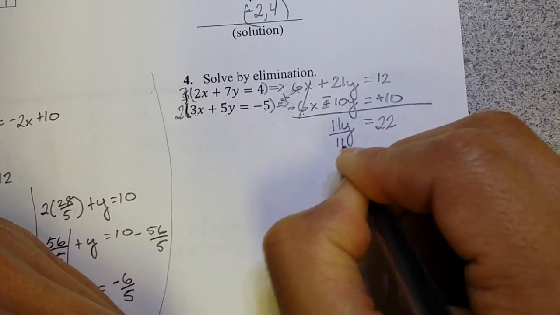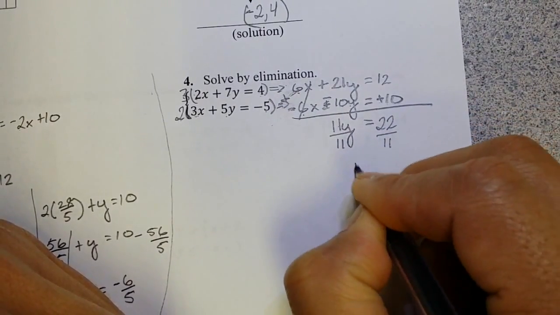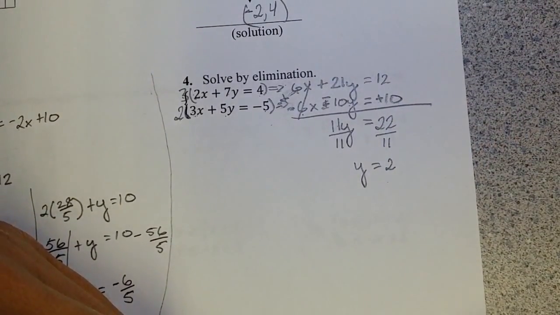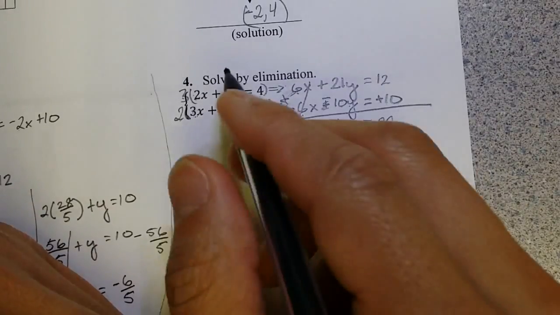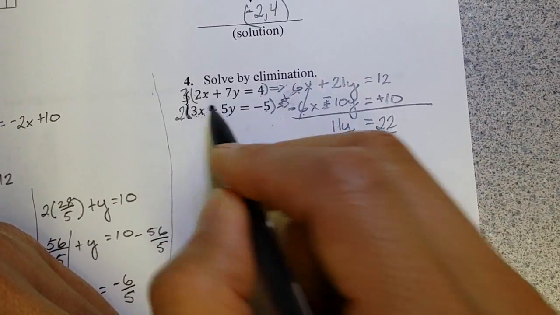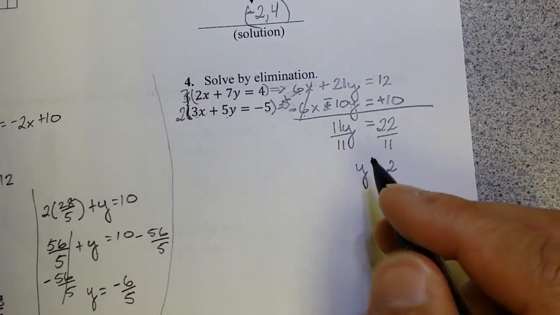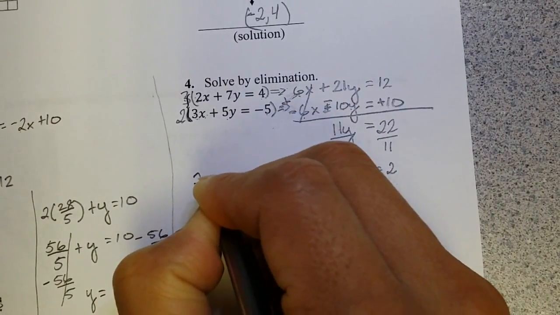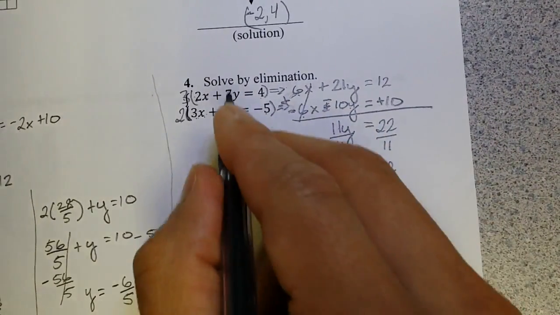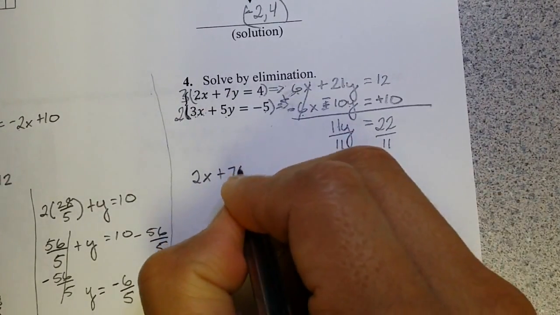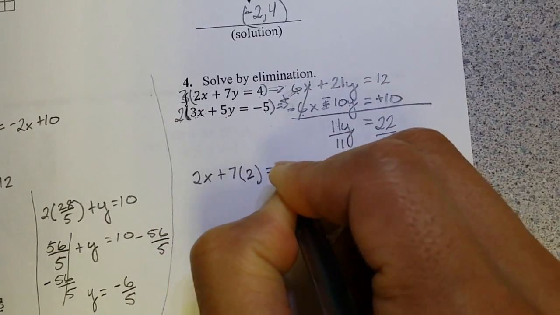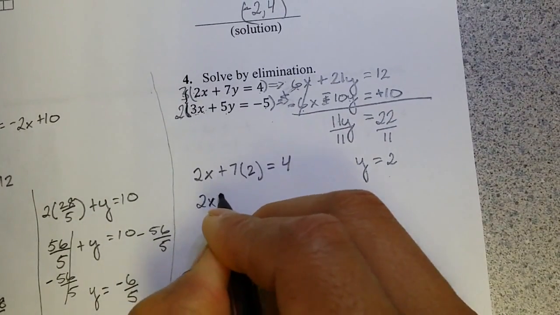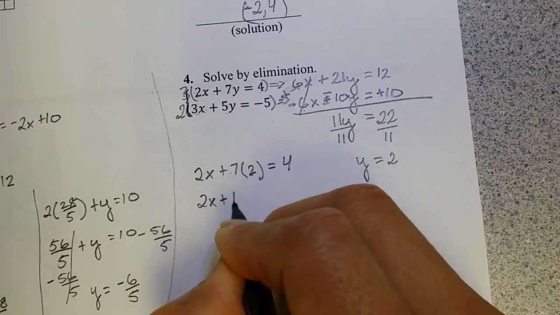Now divide both sides by 11, you get y equals 2. Once you know what y is, just plug it back into one of these equations to find x. I'm going to use the first one. So 2x plus 7 times y, and we know y is 2, equals 4. 2x plus 7 times 2 is 14.